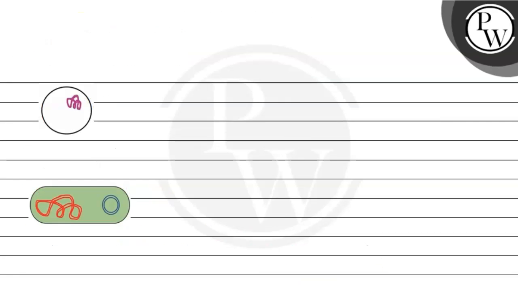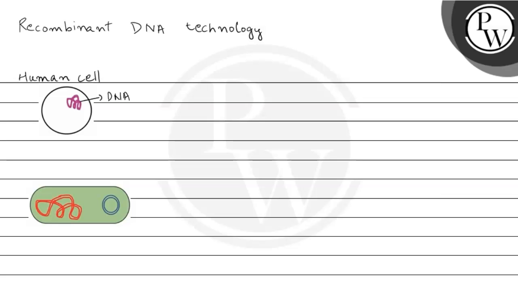So if we see the basic steps of a recombinant DNA technology, then by using a very basic example, we can understand the steps as follows. So consider this as the human cell and this as the DNA present in the human cell.